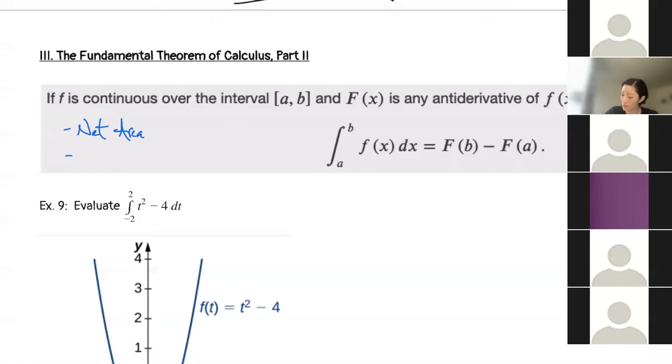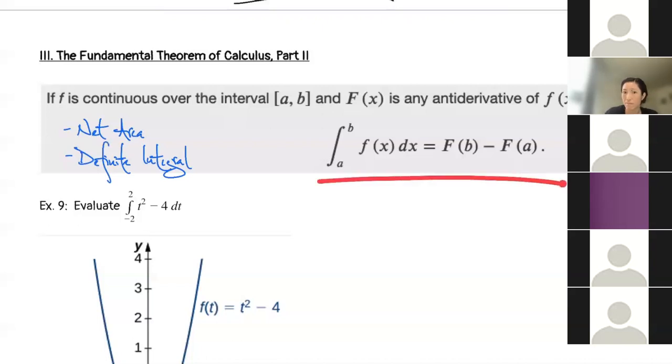Definite integral. There we go. Net area and definite integrals. Same thing. When someone says, find the net area, they mean do this. When someone says, find the definite integral, they mean do this.